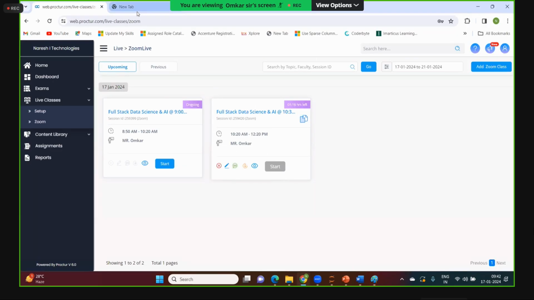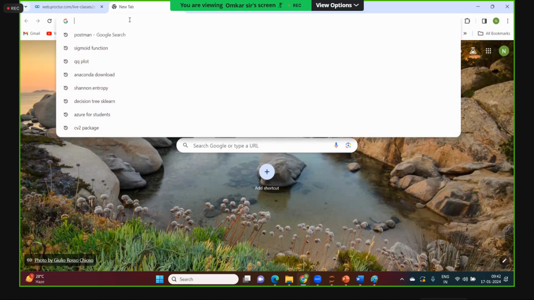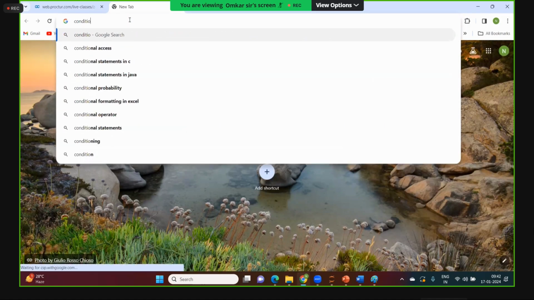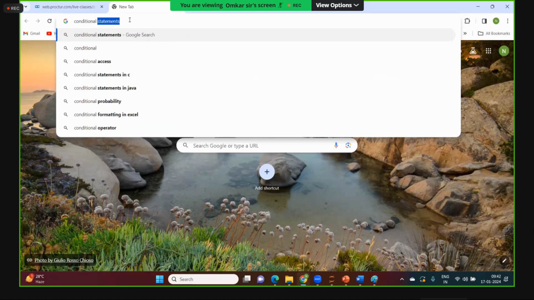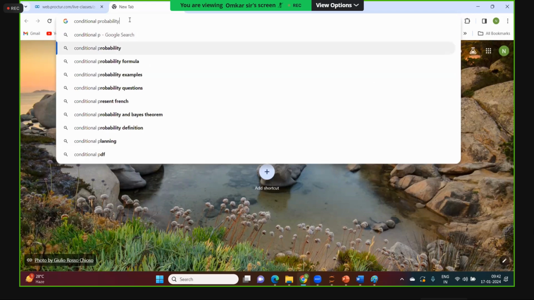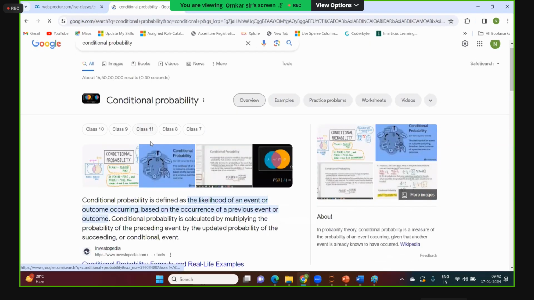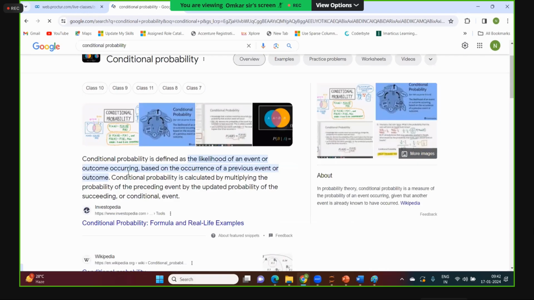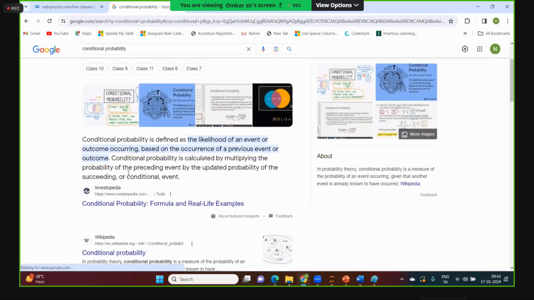So conditional probability. What they are saying is the likelihood of an event or outcome occurring based on the occurrence of another outcome.